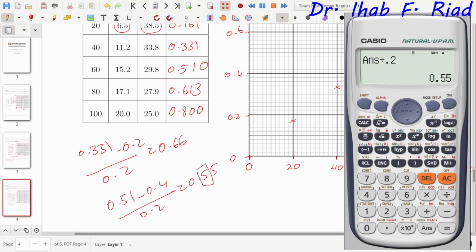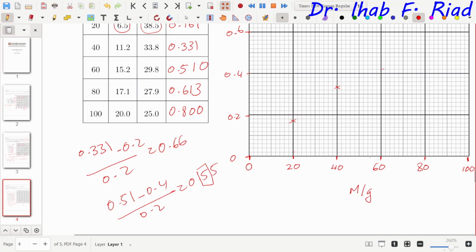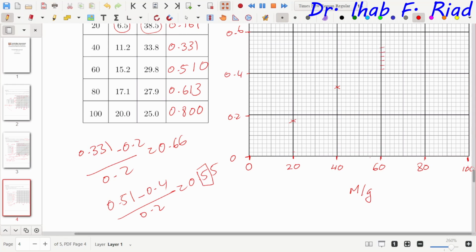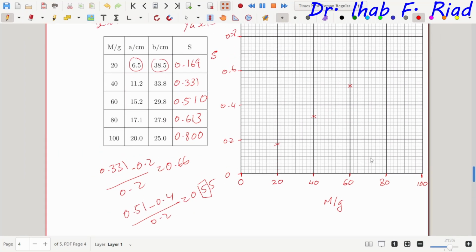Again, 5 small squares, and we are in between the 5 square mark and the 6 square mark. So it is 1, 2, 3, 4, 5, 6, and it is in between over here. Okay, now let us go to the next point.